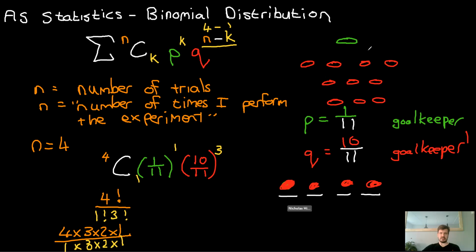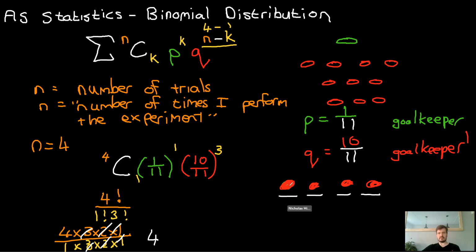And what do I notice? The 3, 2, 1 all cancel. And I just get 4 over 1, which is 4. Right? And so this bit here is a 4. So this 4 combination just ends up being 4.